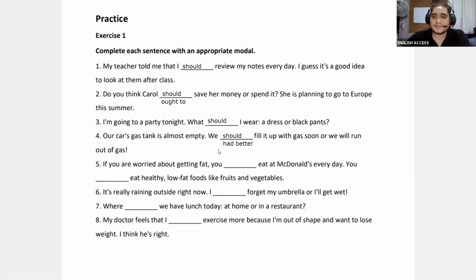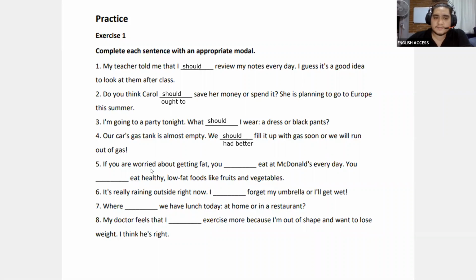Otherwise it can be really dangerous if you don't fill it up. So should is kind of like a wild card. You can use it in almost any case, but there are some options that are better for the context. In this case, had better is better for this context than should. But again, should is valid.